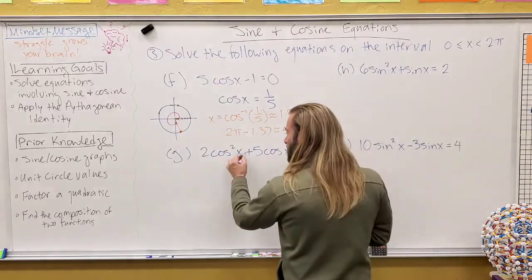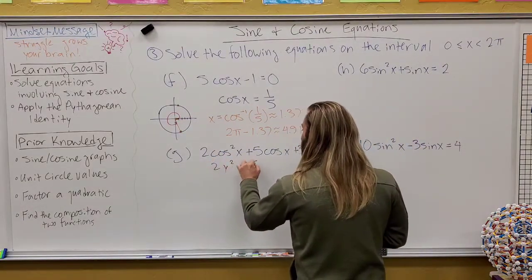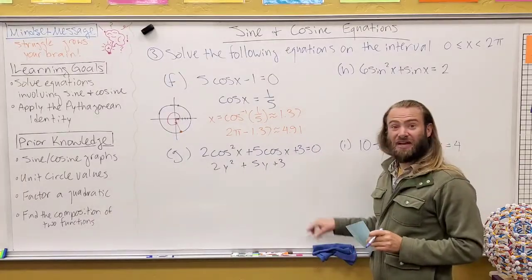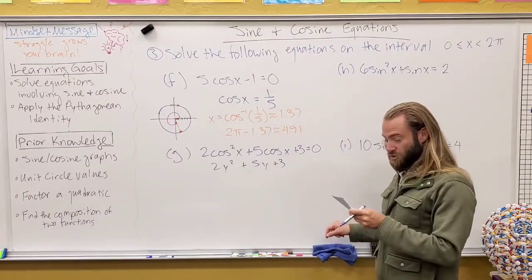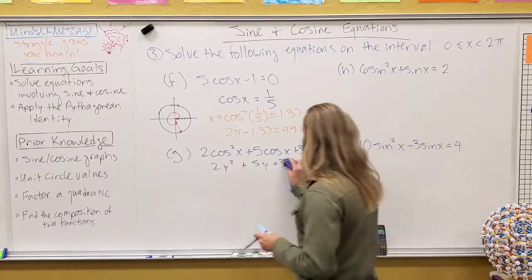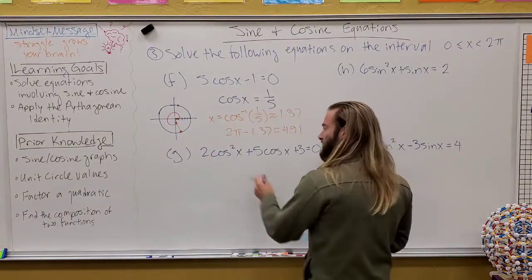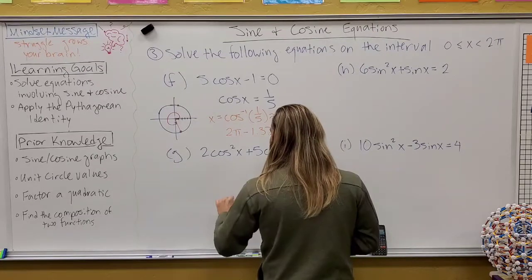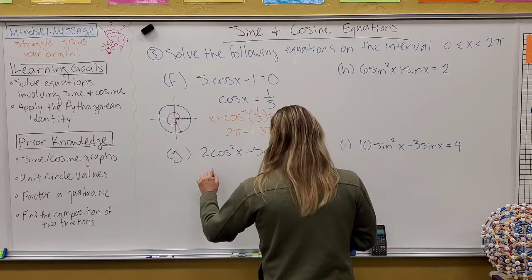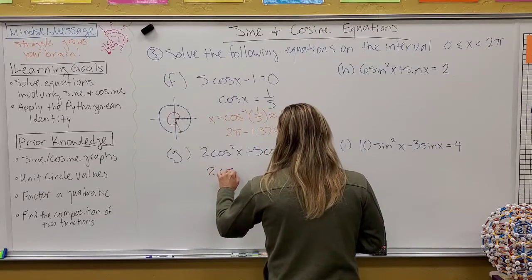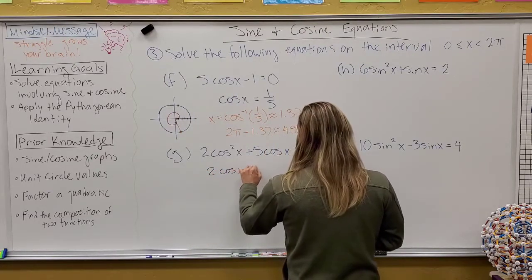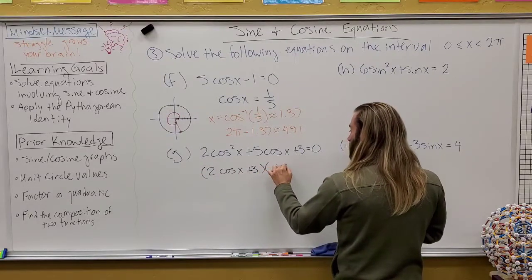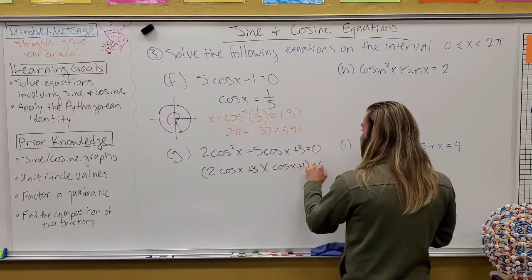So we already saw that we could think of this as 2y squared plus 5y plus 3 equals 0. And we came up with the factorization of that already. It was 2y plus 3 times y plus 1. But if you remember, in this case, our y is cosine x. So 2 cosine x plus 3 times cosine x plus 1 equals 0.